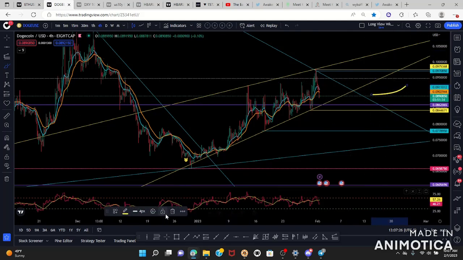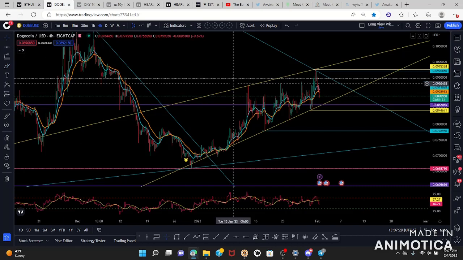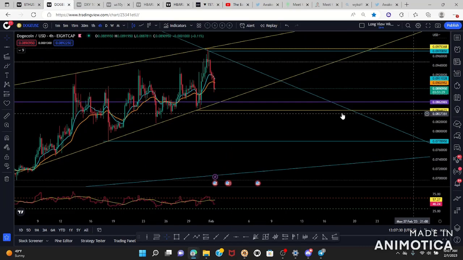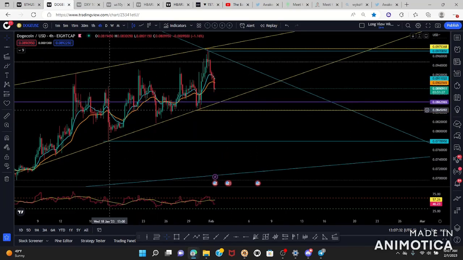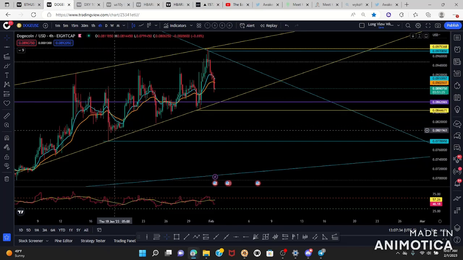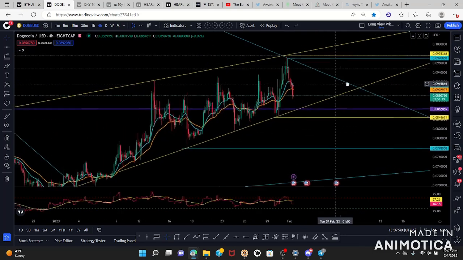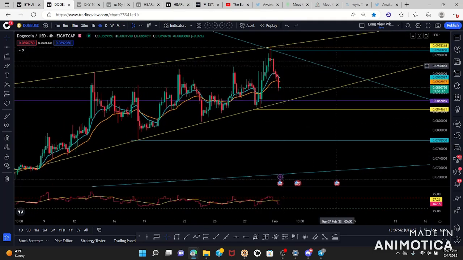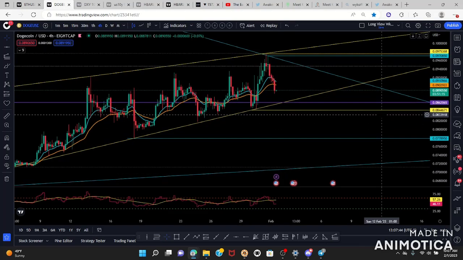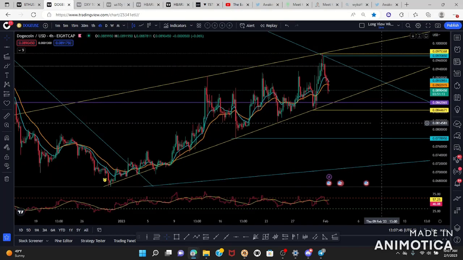Okay, so for me to take a short, let me show you. I need my 12 and 26 EMAs to roll over. And if you look here, it rolled over and it faked us out, went right back. Rolled over, faked us out, went back up. So you have to have more criteria for you to actually take your short.